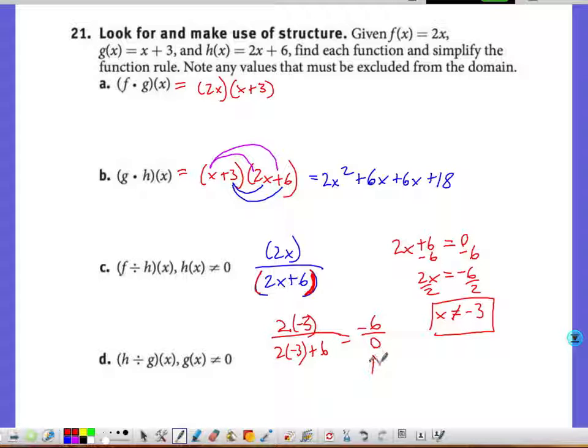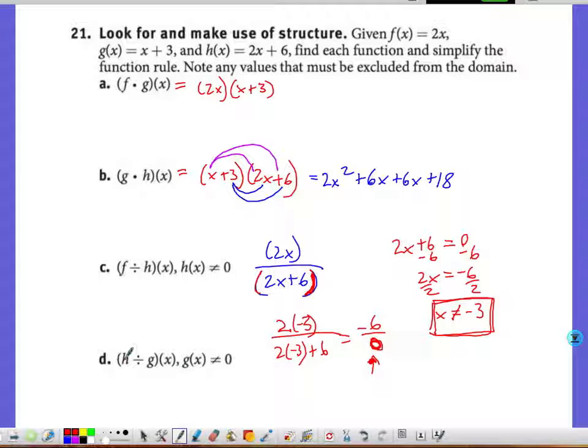Can you see what the problem is with this? We're dividing by 0. That's not possible. And so this is why I want to set the domain restriction. X cannot equal negative 3, because if I let x equal negative 3, it leads me to divide by 0, which is what I don't want.